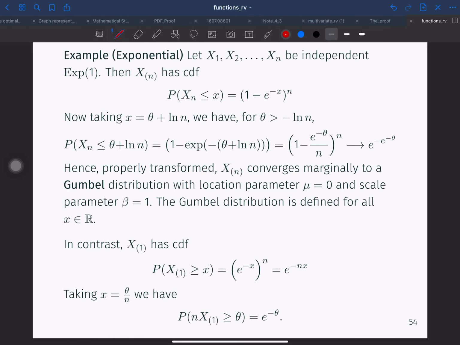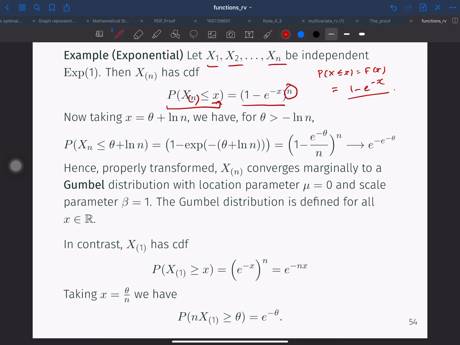Let's look at another example. So uniform gives you exponential. Now let's start with exponential. What do we have? Well, the probability that X_i is less than or equal to x, which is F_X, is just going to be 1 minus e to the minus x. So therefore, the probability that the maximum is less than x is 1 minus e to the minus x, to the power of n.